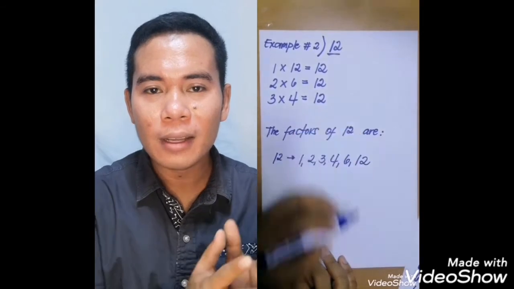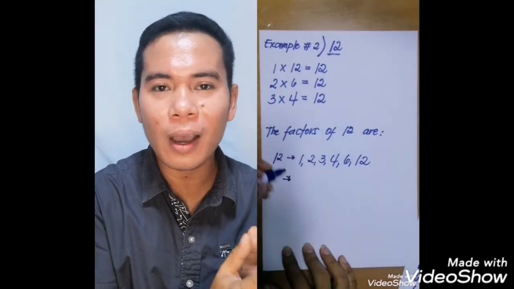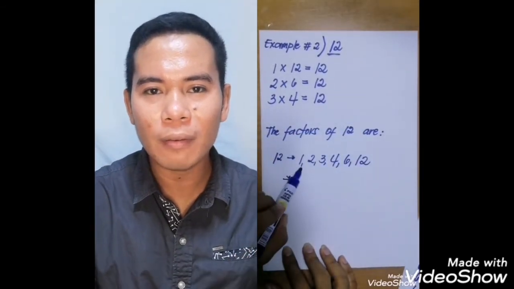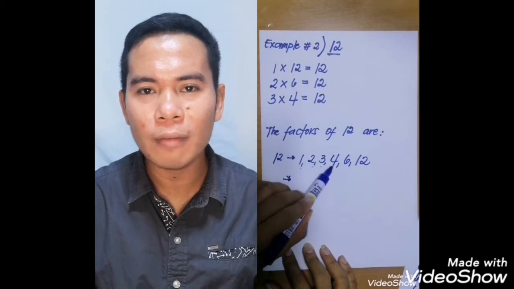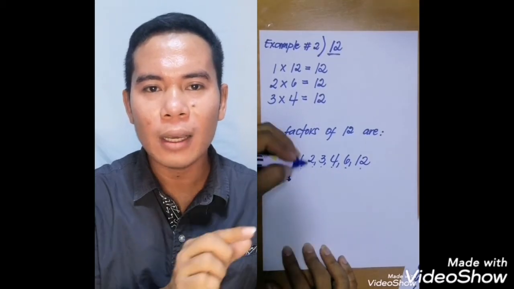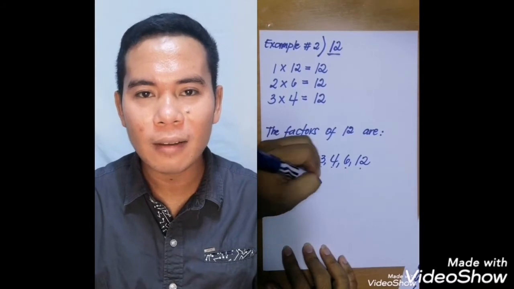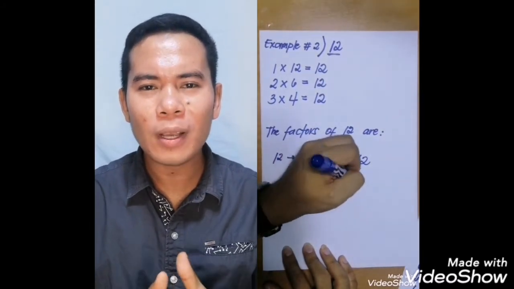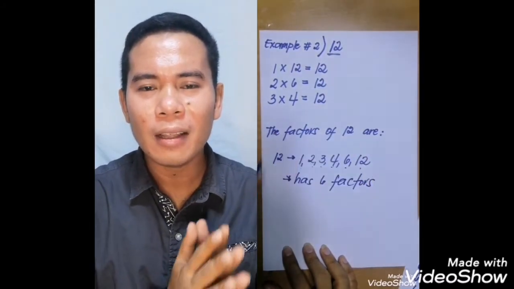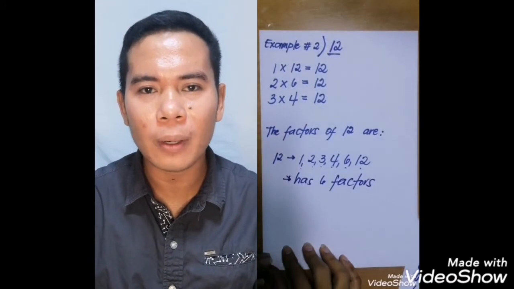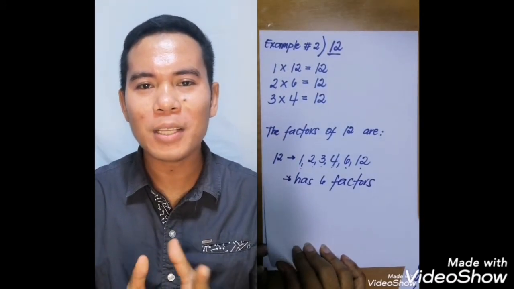And 12 has how many factors? Let's count: 1, 2, 3, 4, 5, 6. 12 has 6 factors. Any question about finding the factors of a number? None? So let's proceed.